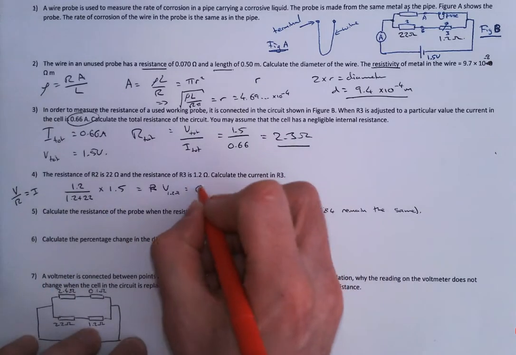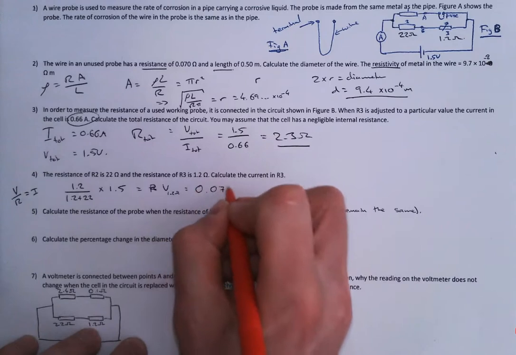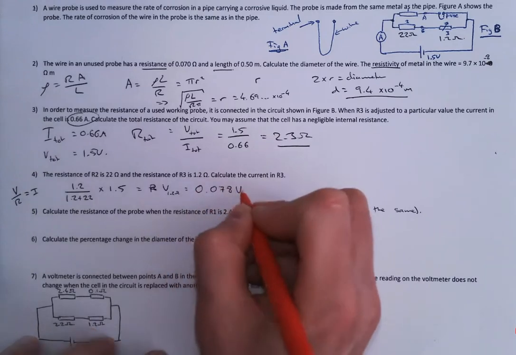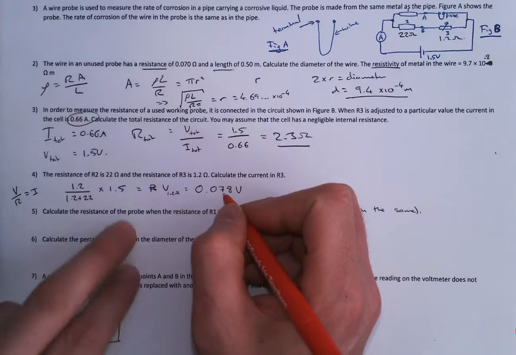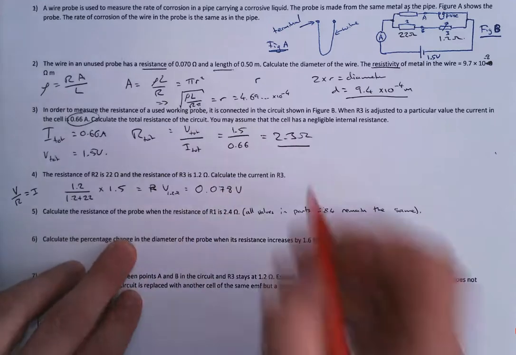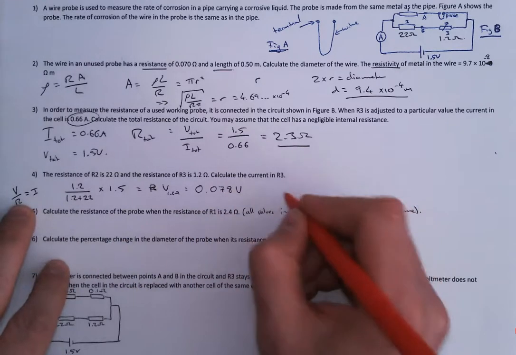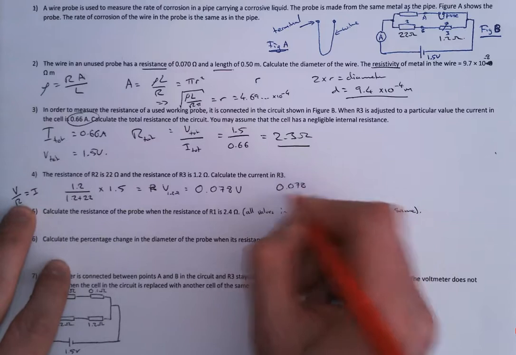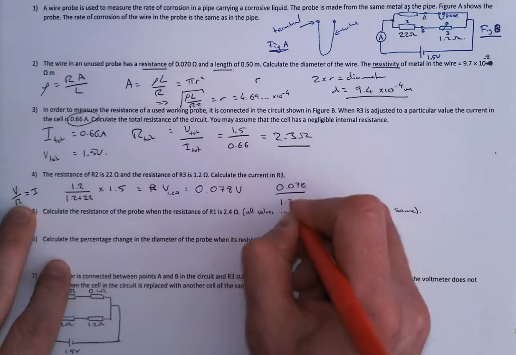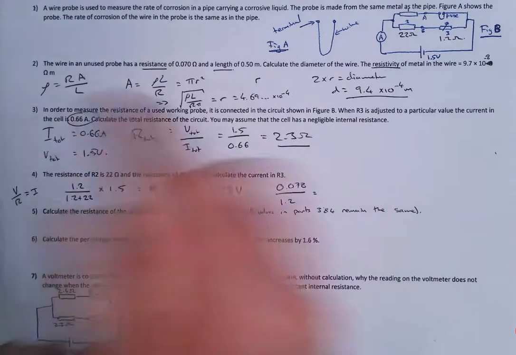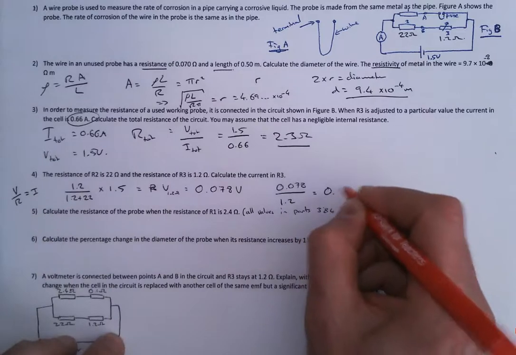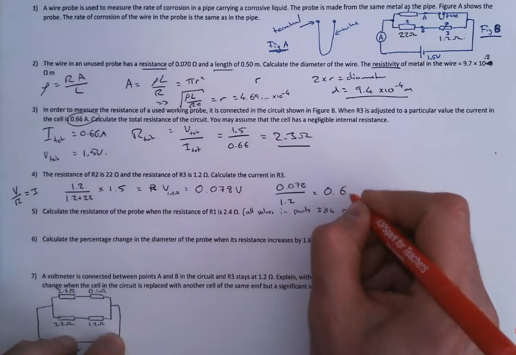So that gives us 0.078 volts. And then we can use this formula V over R, so 0.078 over 1.2. This gives our current 0.06 amps.